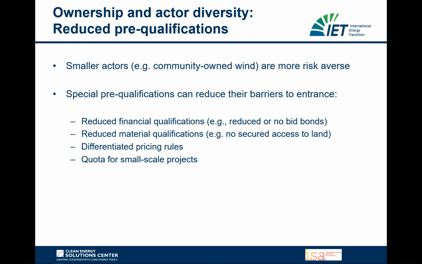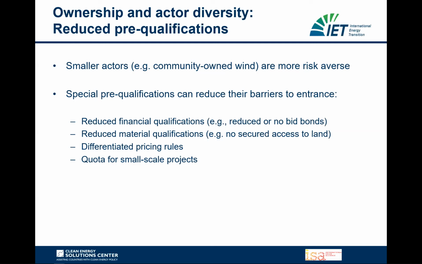And in case you're not realizing this project, you are not going to get that money back. So this can easily amount to quite a high total sum of bid bond payments that is required, and community-owned project developers might not have this money readily available, and therefore reducing or even completely canceling out this financial pre-qualification is one option.